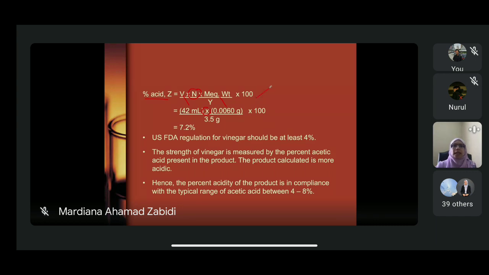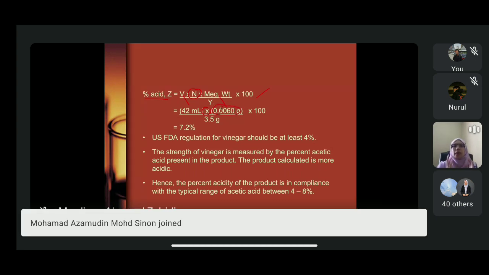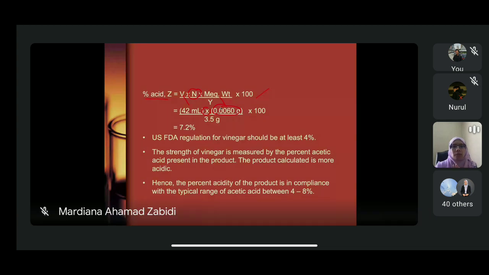First step, this one is the original equation. But for second step, kita tak masukkan normality ni because this value 0.006 is already calculated together with times by 0.1. The value of Milli equivalent factor for acetic acid is already calculated times by 0.1.